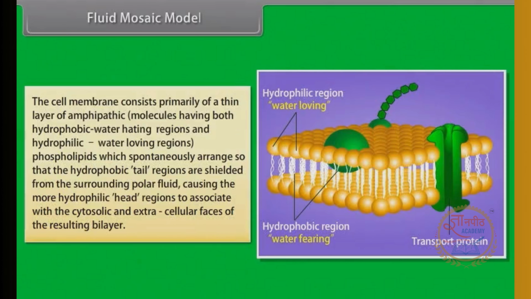The cell membrane consists primarily of a thin layer of amphipathic molecules having both hydrophobic, water-hating regions and hydrophilic, water-loving regions, phospholipids, which spontaneously arrange so that the hydrophobic tail regions are shielded from the surrounding polar fluid, causing the more hydrophilic head regions to associate with the cytosolic and extracellular phases of the resulting bilayer.